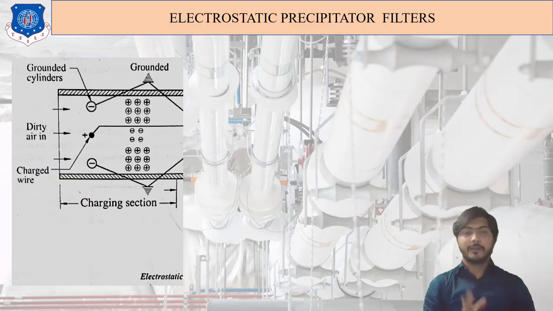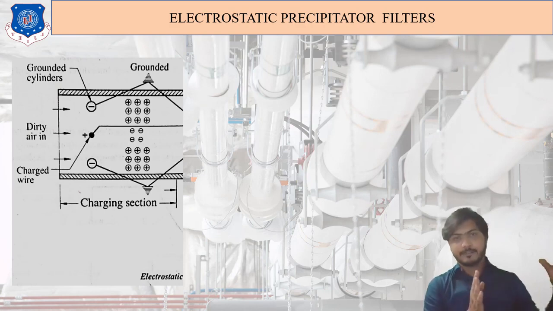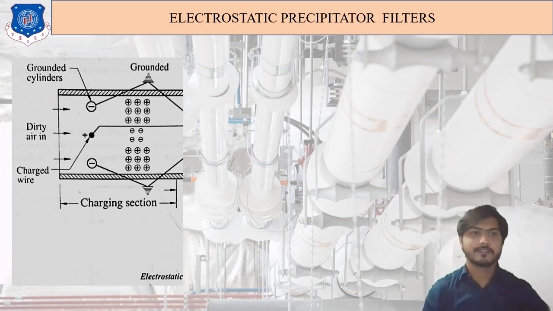First, we ionize the dust particles by supplying current. Positive and negative plates are inserted. When dust particles come in contact with the positive and negative supply, they are ionized.